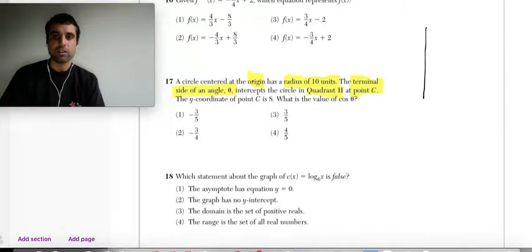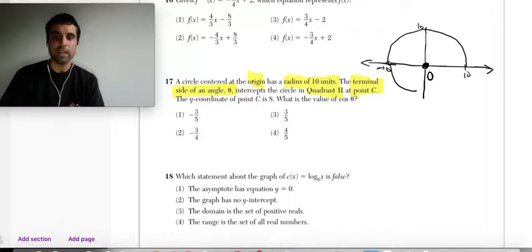So when we have a circle centered at the origin, this is the center, point (0, 0), and I'll just call that point O for origin, right? And then it has a radius of 10 units. So it comes 10 units this way, 10 units up here, and so on. This will be negative 10, by the way, the x coordinate, negative 10 down here, and I know that's not a perfect circle, but so what?